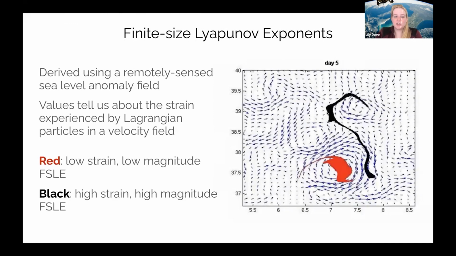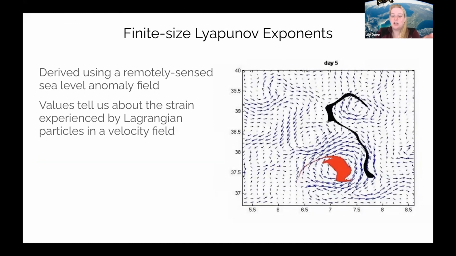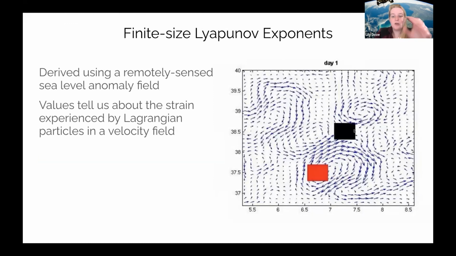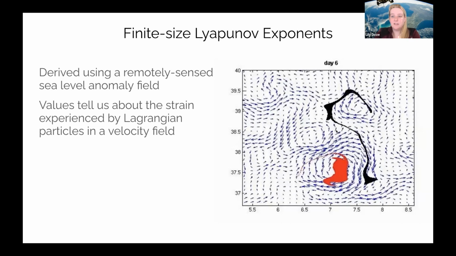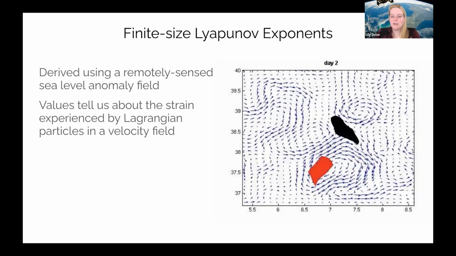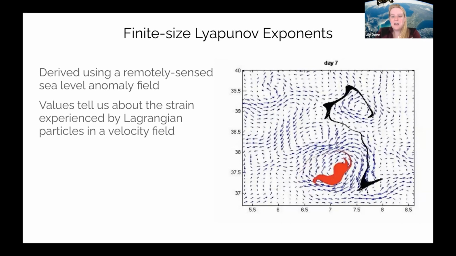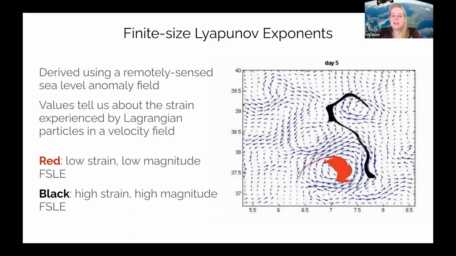So I'm just going to take a screenshot here. So you can see that we have, in this GIF, you are distributing tracers in a field of spinning eddies. And you can see that depending on where the tracers are originally set, they're going to have different trajectories and ultimately experience different values of strain.